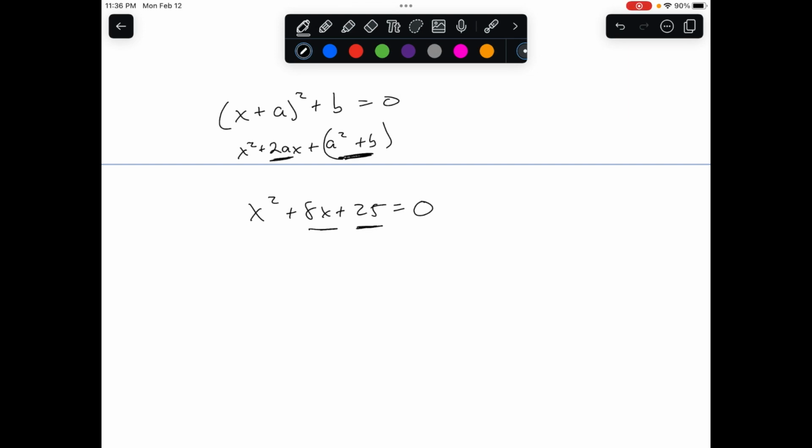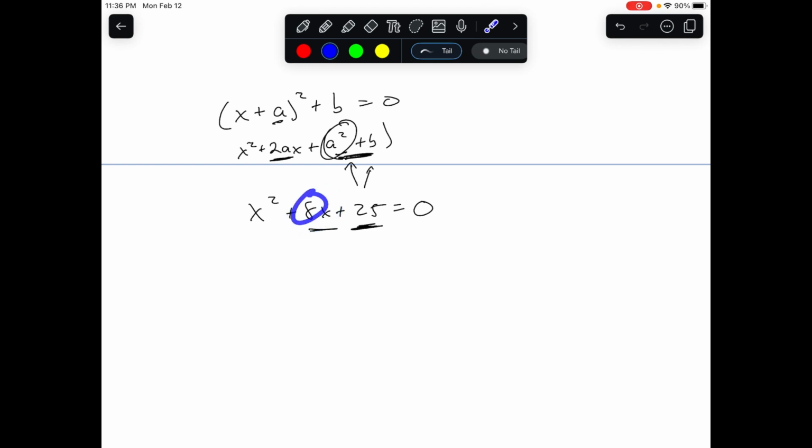If 2a x matches the linear term, then a is just half of that number. So we pull apart a squared from the 25, and that 25 breaks down into a squared plus whatever b is left over.